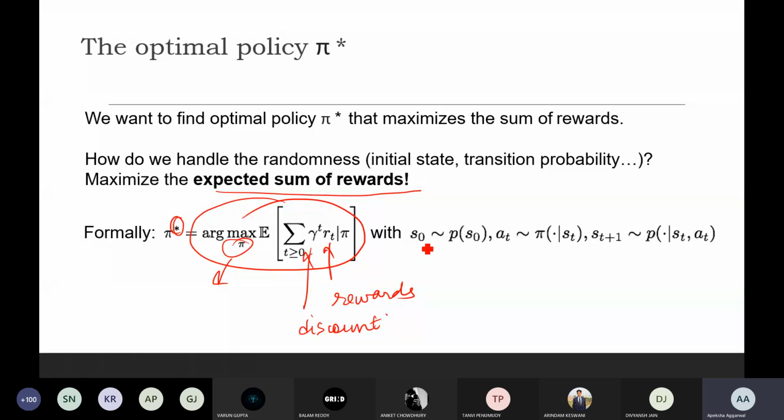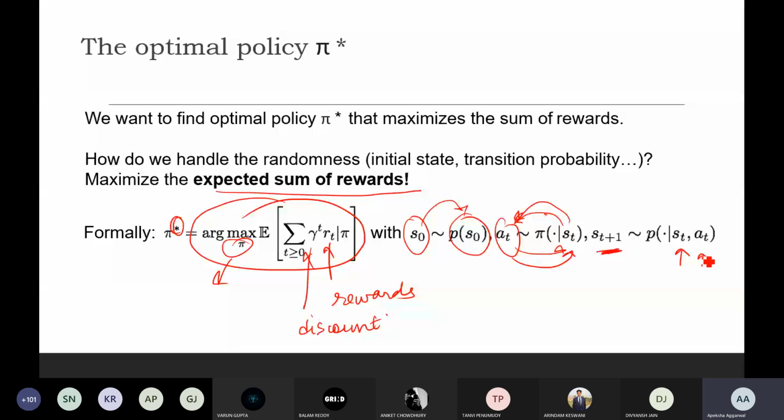And this S naught is the initial state out of all the possible initial states. This is the action: at any state st, what action do I take, out of all the possible set of actions. Then similarly for the next state, which next state do I get given that I choose this action in a particular state.